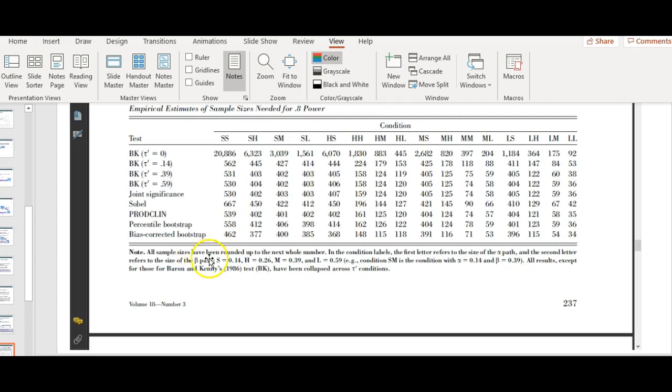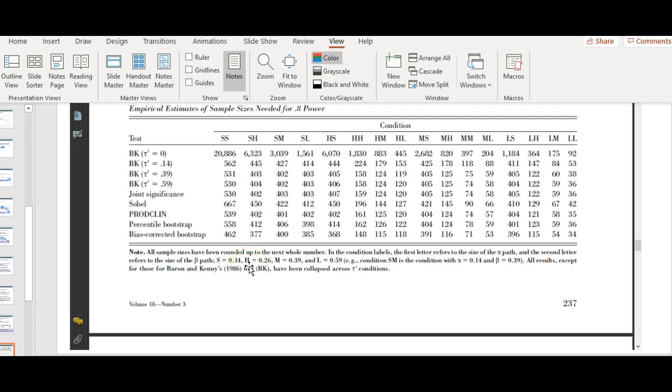Now, in their Monte Carlo, they varied the size of the A path and the B path in order to understand, using the method of bias-corrected bootstrapping, what kind of N we will need. So the SS just means that both the A path and the B path have an effect size of 0.14. And this is standardized, so this is a beta path, actually. Or the beta on the path.